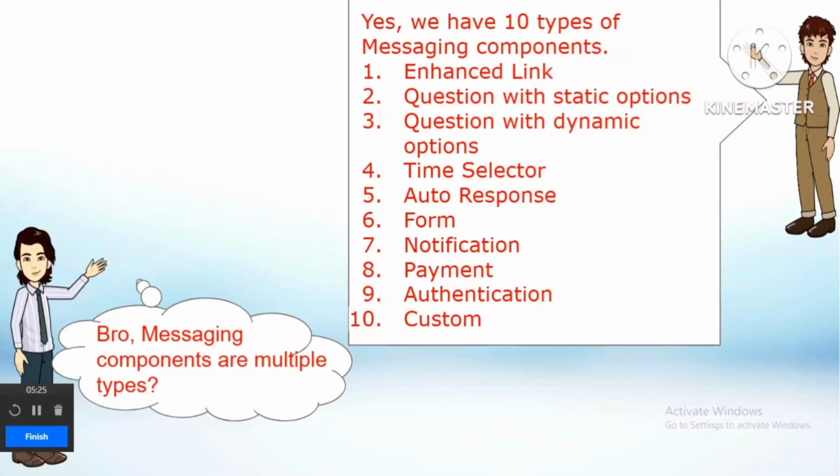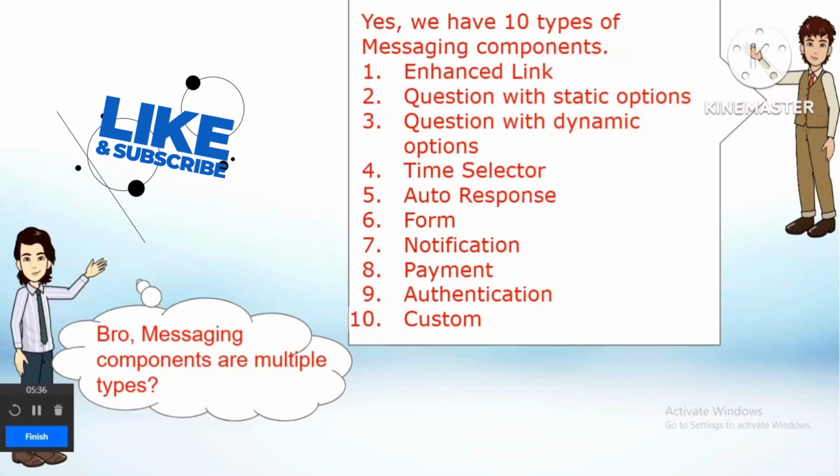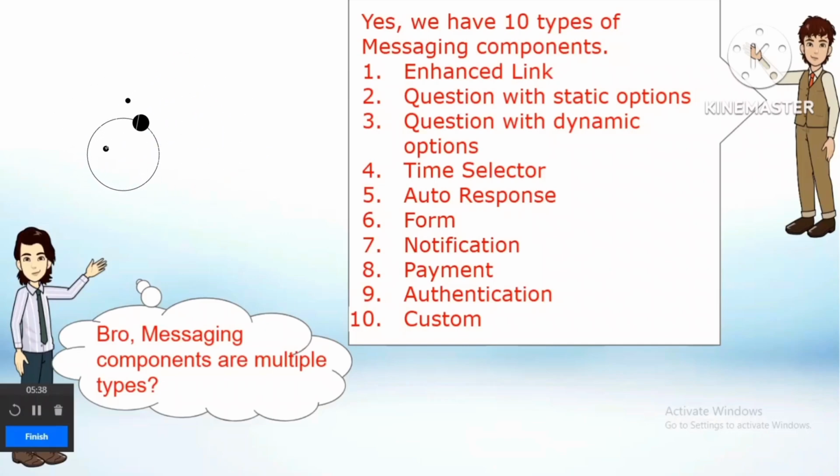Fifth, auto response is used. Suppose the customer has initiated the chat and the agent has accepted the chat. Once the agent accepts the chat, we can provide an auto response messaging component that fires automatically. Or when the chat is ended by the customer or by the agent, then also we can fire it.